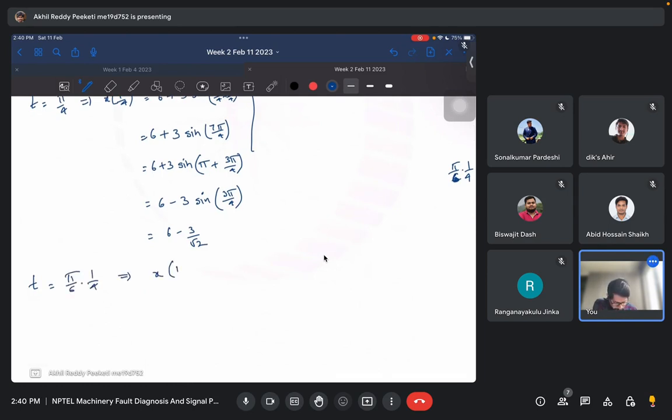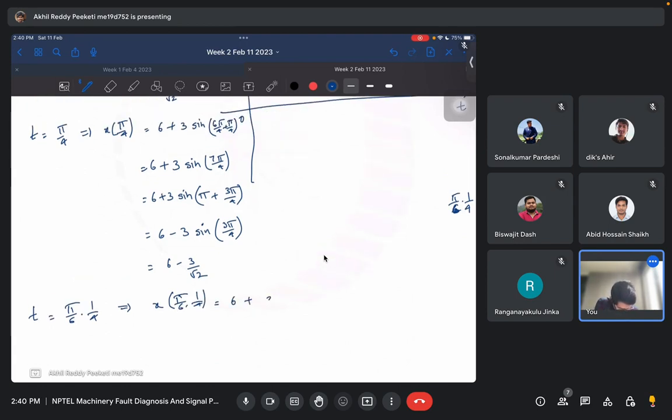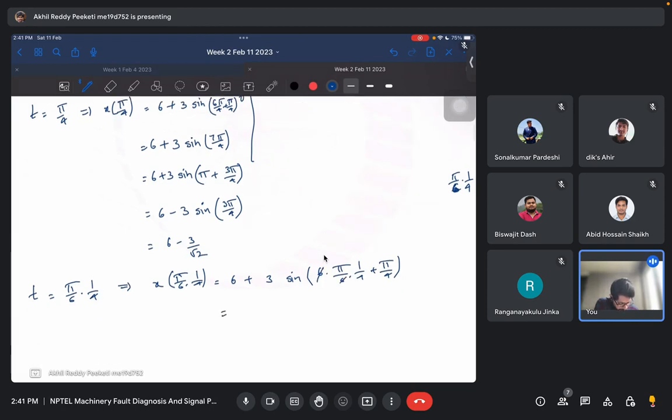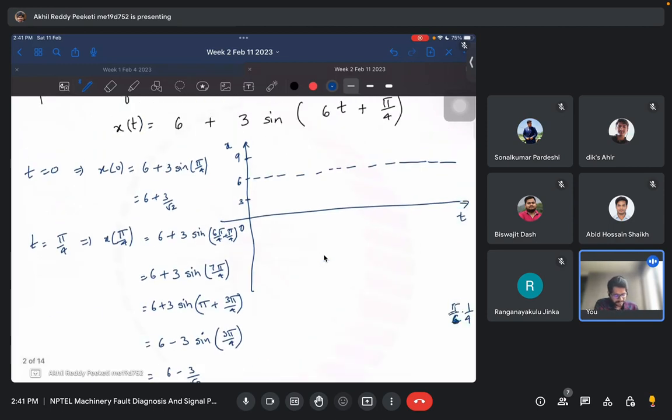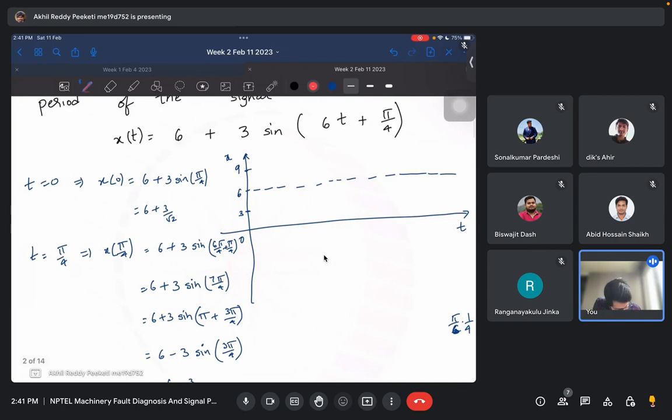This would give 6 into pi by 6 into 1 by 4 plus pi by 4. So 6 gets cancelled. So 6 plus 3 sine of pi by 4 plus pi by 4. So 6 plus 3 sine 90. So sine 90 would be 1. So 9. So if you do like this, because this is sine wave, you would actually get something like this.